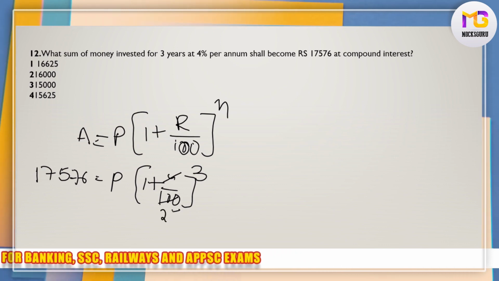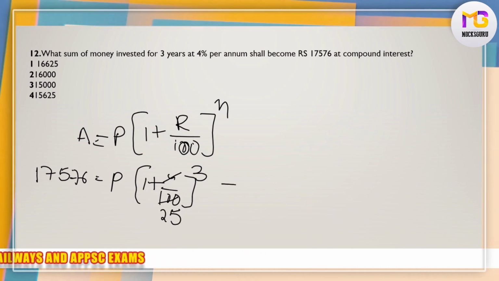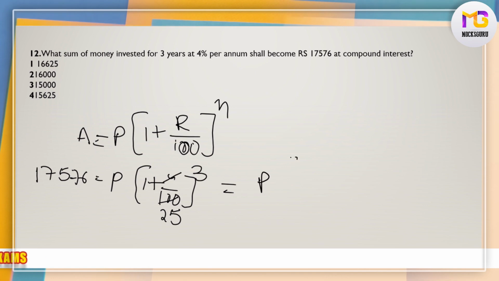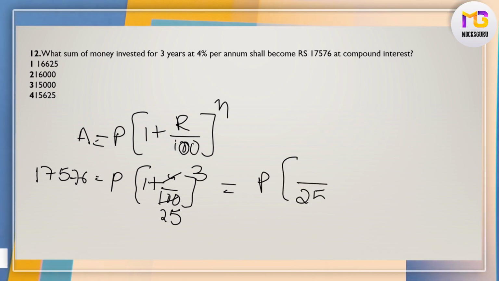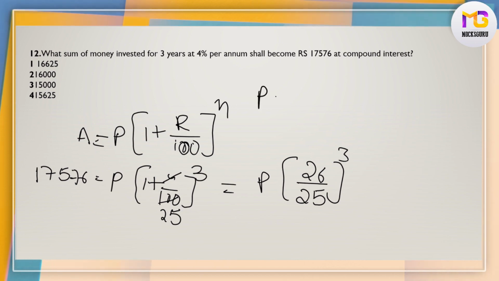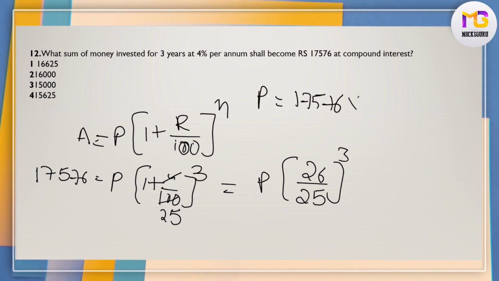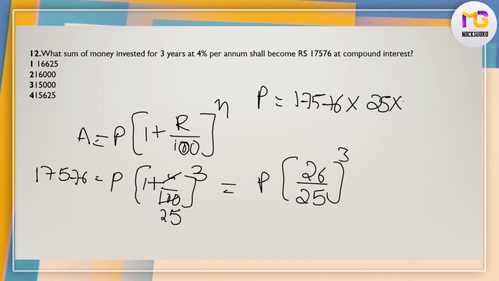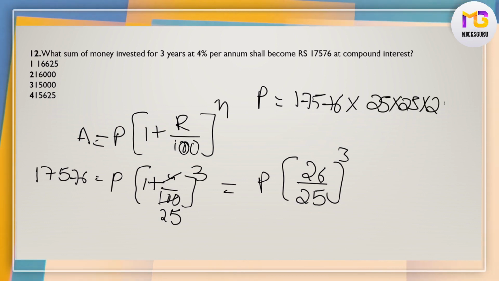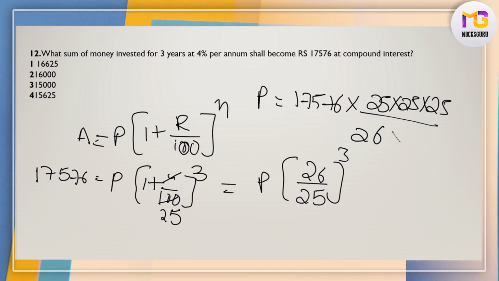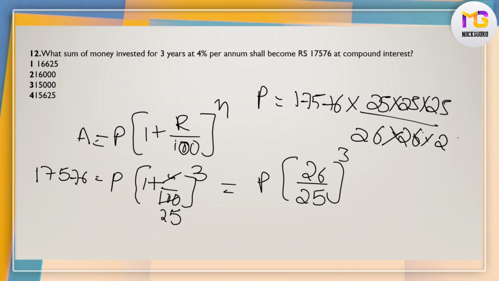This is 25 by 25. So P into 25 by 26 whole cube. So principal will be 17576 into 25 into 25 into 25 by 26 into 26 into 26.